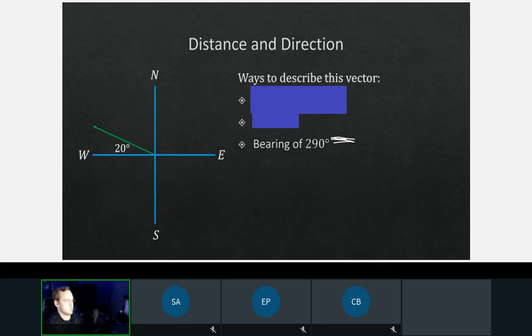So Jacob says 20 degrees north of west, and I would agree with Jacob. Yes.